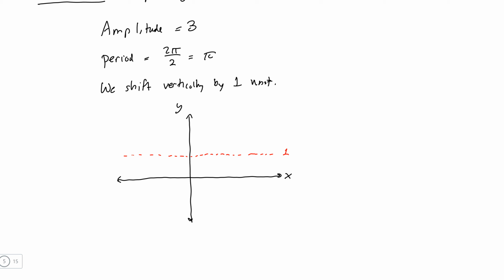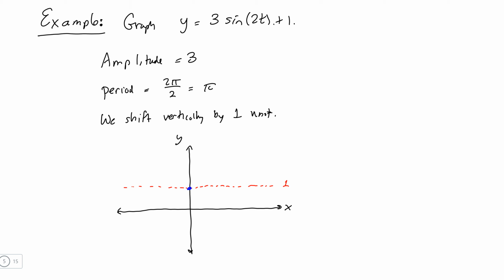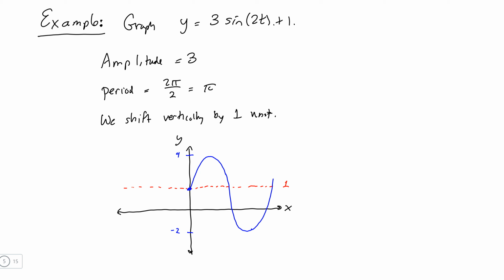Now we know our sine starts at 0, so it's going to start here because we've shifted up by 1. And since the amplitude is 3, we go 3 up, so this would be up here at 4. And if this is at 1, 3 down will be down here at, say, -2. It doesn't look quite symmetric here, but that's okay. And same thing in the other direction. So something like this.